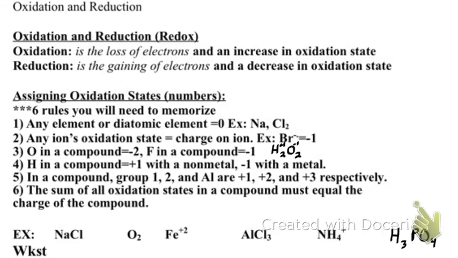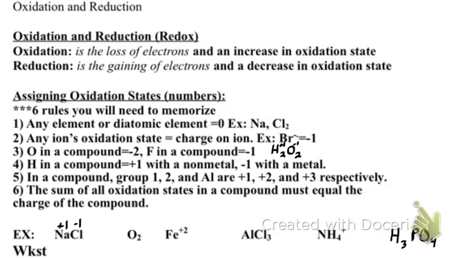Now if you look at a periodic table, sodium is in group 1. Because sodium is in group 1, it has a +1 oxidation number. Because sodium has a +1 oxidation number, and there's no charge on this compound, normally a charge would be written here if this compound was charged, because it's not, they just need to cancel each other out. So chlorine has a -1 charge.